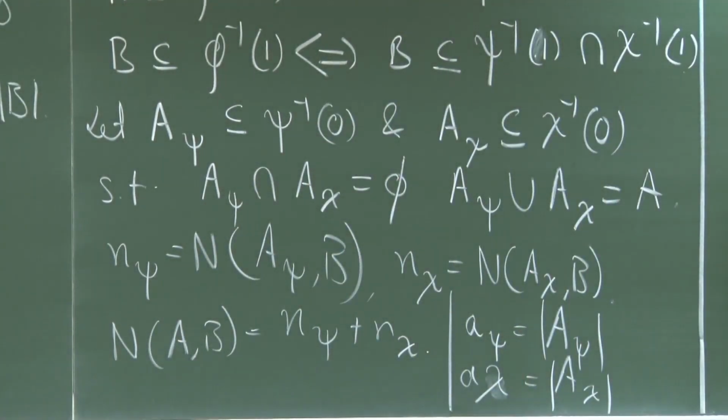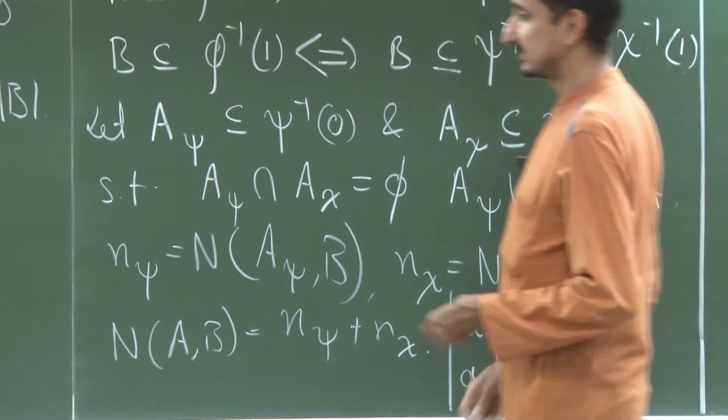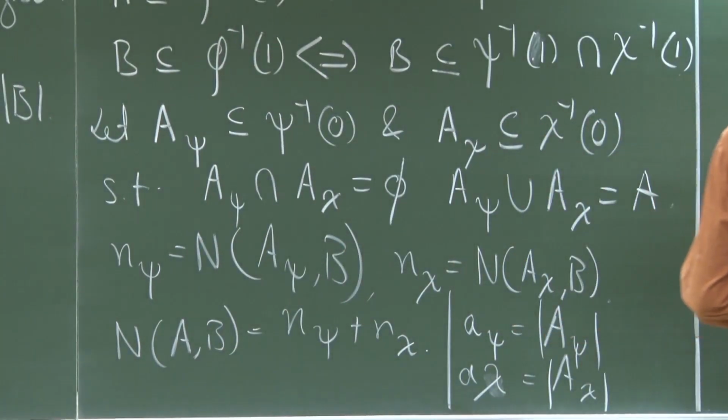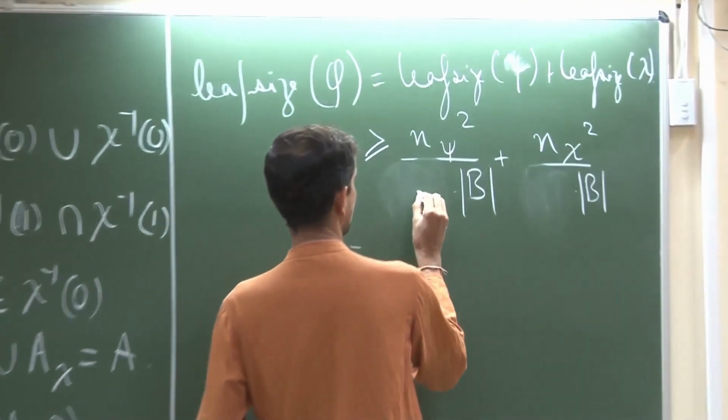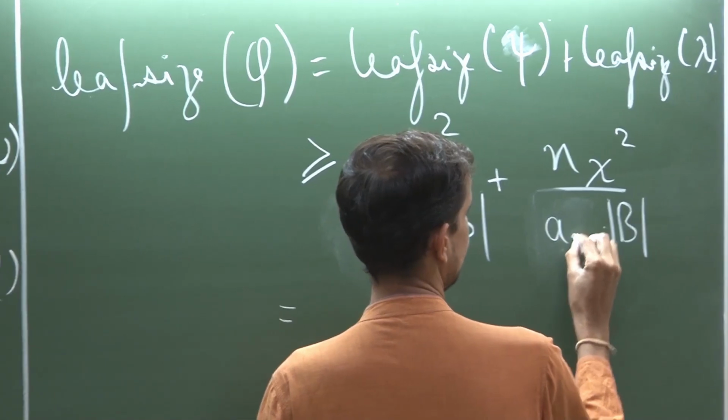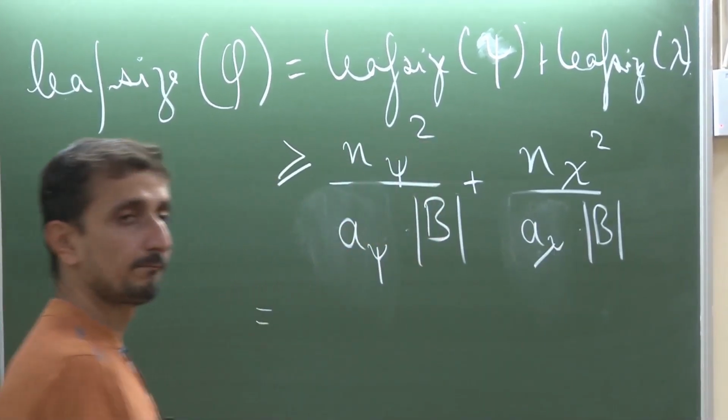Okay. So, therefore, I can write this as the size of B times small a_psi times small a_chi.